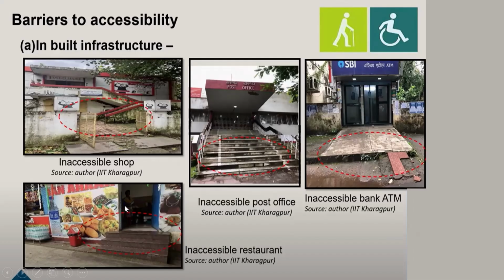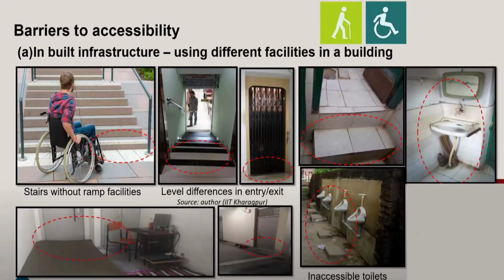See, also this is a restaurant where the person cannot reach those particular spaces. So these are the built infrastructure barriers. Then, using different facilities in the building. See, due to the provision of steps, the persons cannot reach the particular building. Likewise, level differences in entry and exit.